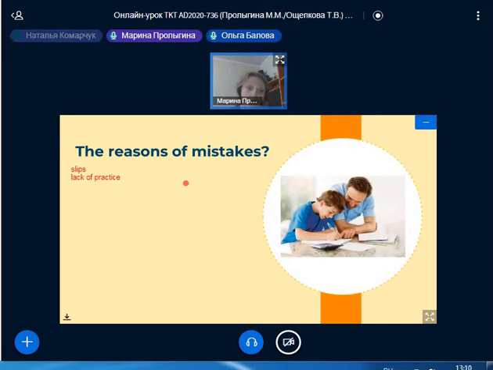Okay. So good idea. Yeah, actually, this is a sort of philosophical reason. Yes, Maria Mikhailovna, I completely agree with this idea. I think that nowadays some students are not even interested in self-correction. They make the same mistakes all the time, and it sometimes takes a lot of effort from the teacher to make the student understand that he or she has to speak correctly.